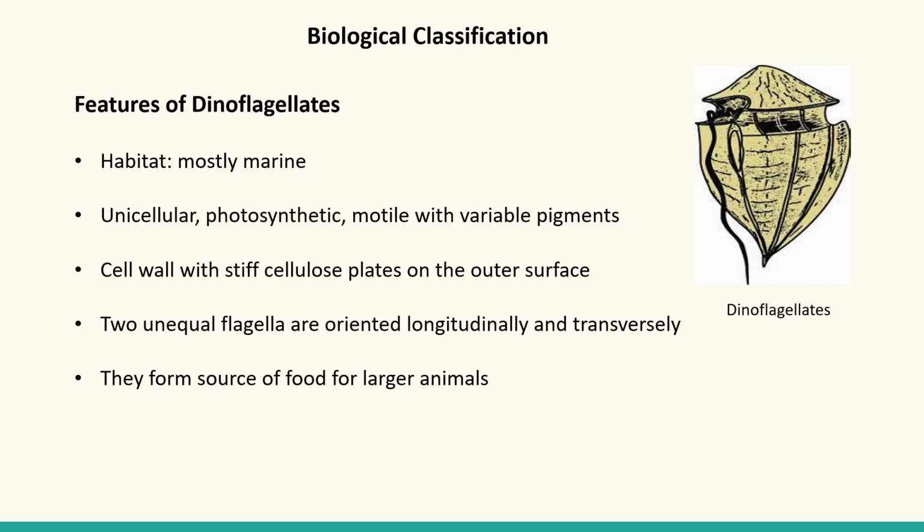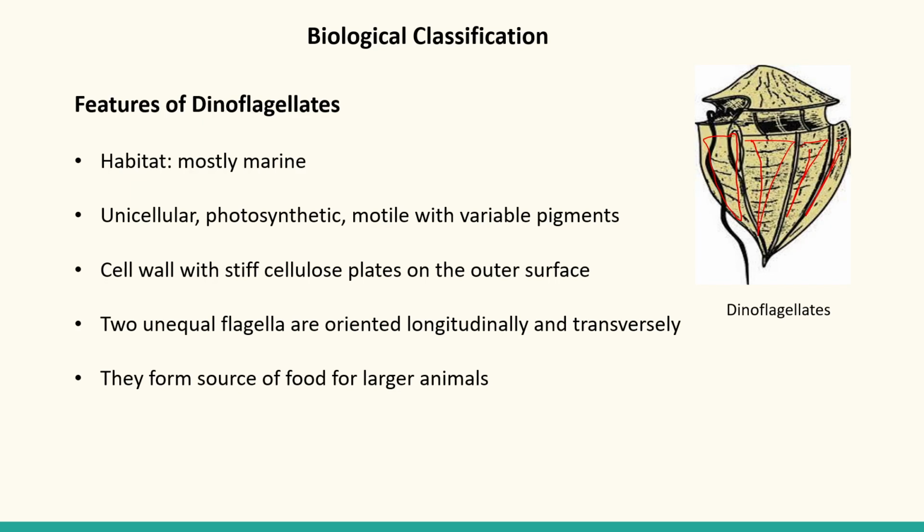Cell wall with stiff cellulose plates on the outer surface. Now you can see here in this dinoflagellate a lot of plate-like structures. This is one plate, this is the second plate, this is the third plate. So different plate-like structures are there.